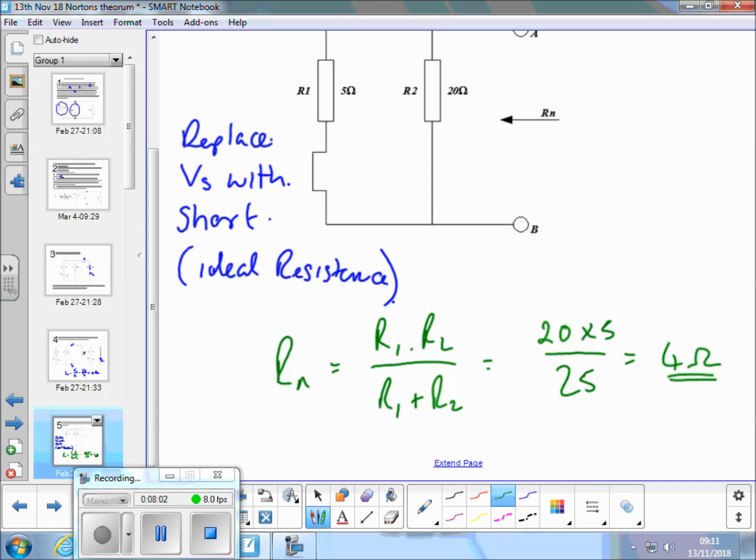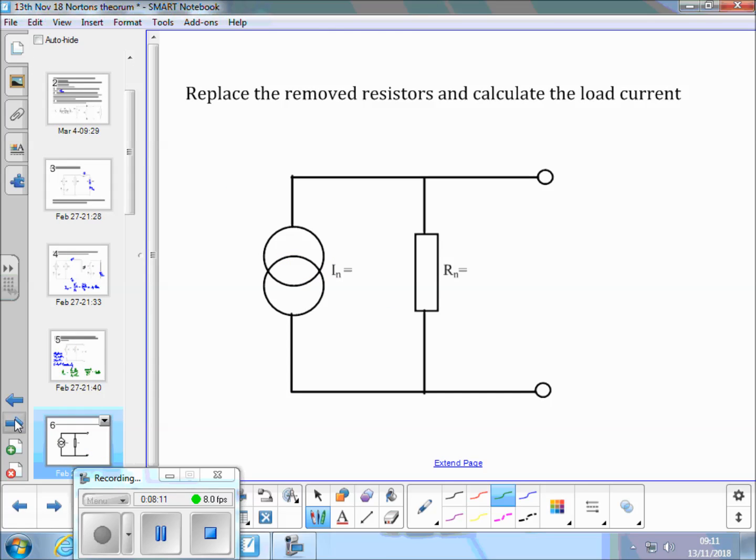So we can now put those values, 4.8 amps and 4 ohms, into our Norton's equivalent circuit, which looks like that. So that's 4.8 amps, that's 4 ohms.